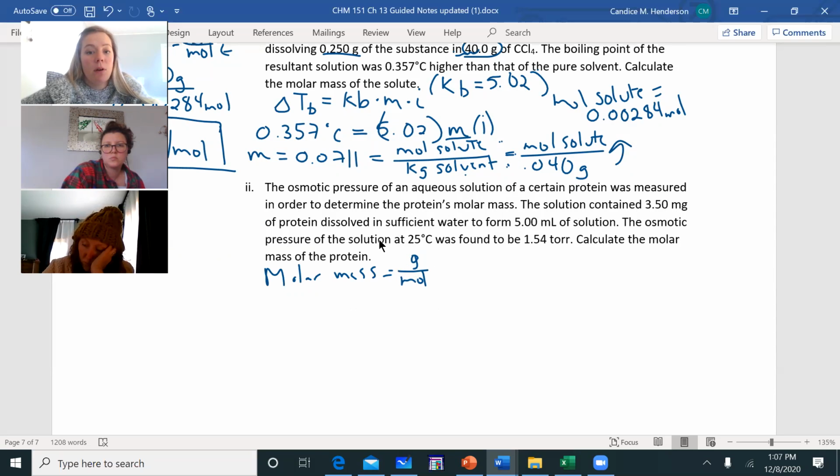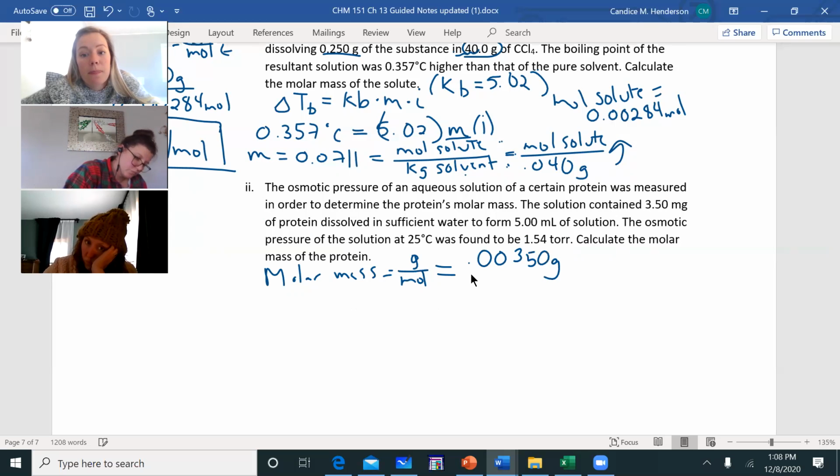Well, I know how many grams of protein I have. So I'm going to put that in right off the bat, 0.00350 grams. As with most of the problems, I'm going to need to find my number of moles. We have a volume amount. It also tells us the osmotic pressure of the solution at 25 degrees Celsius was found to be 1.54 torr. Calculate the molar mass of the protein.